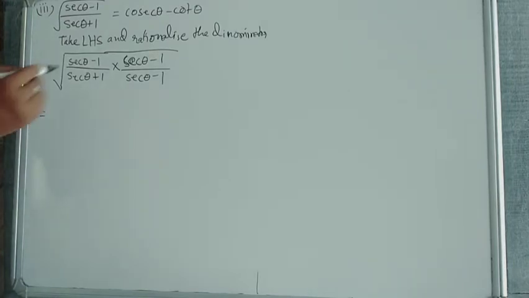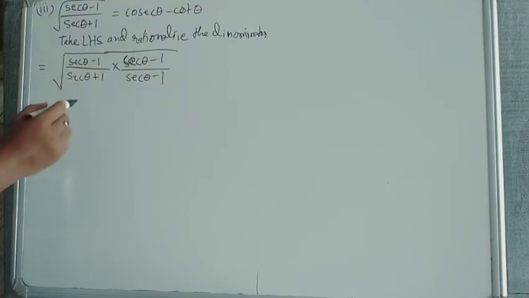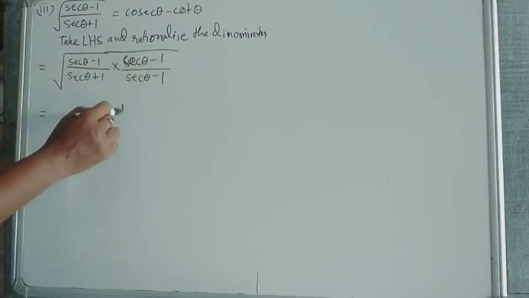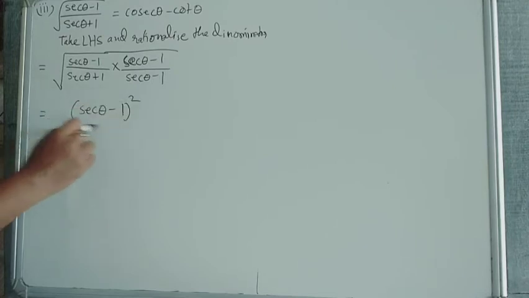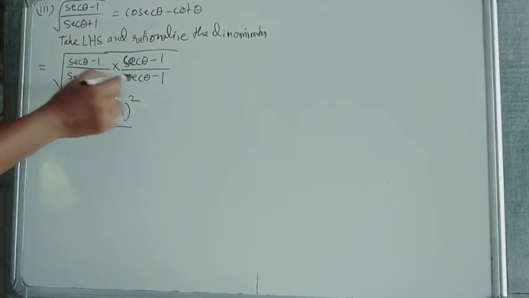Is equal to, now the upper one will become sec theta minus 1 times sec theta minus 1, it will become sec theta minus 1 whole square, and the down one sec theta plus 1, sec theta minus 1.